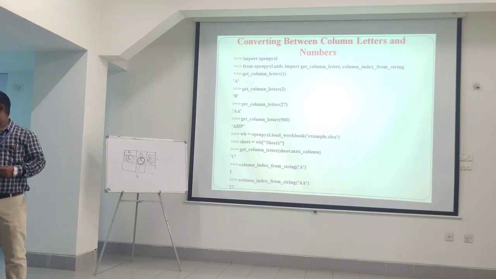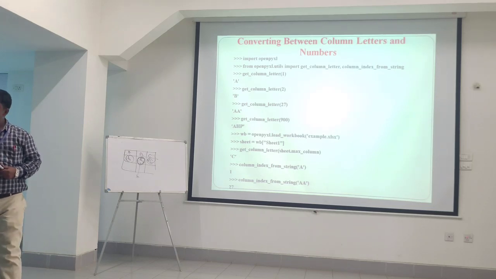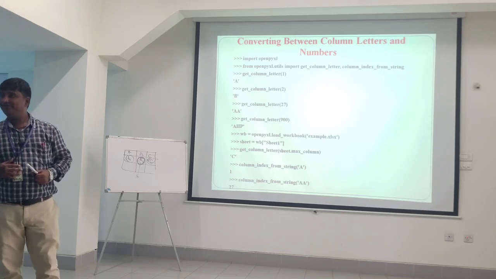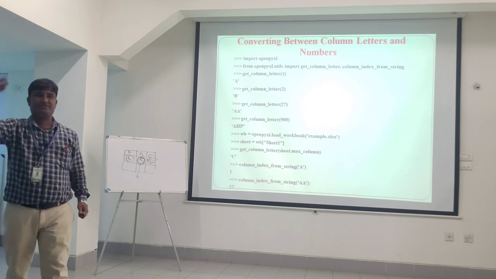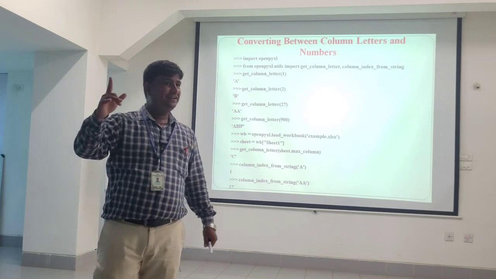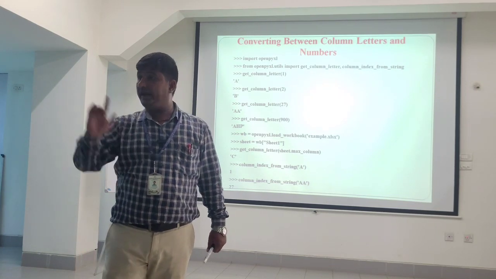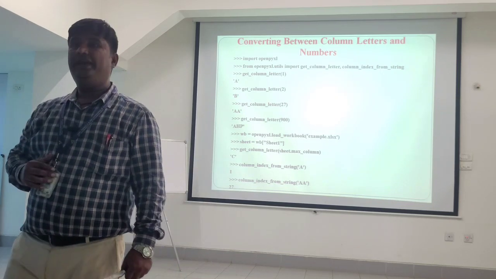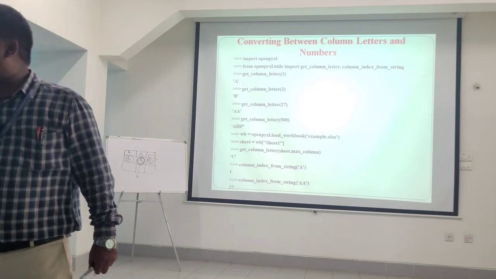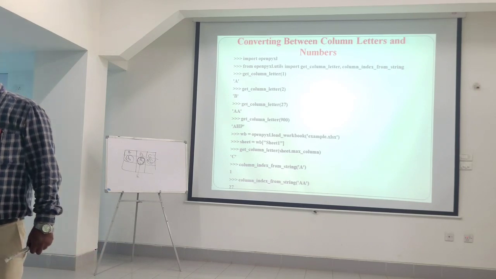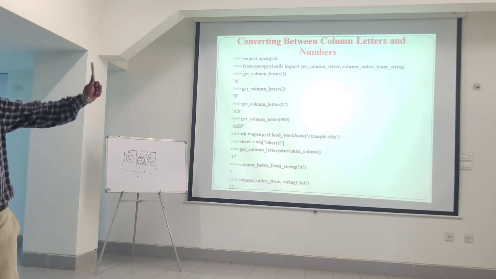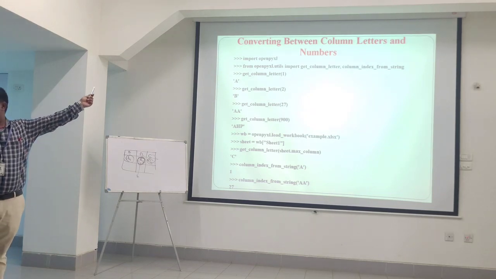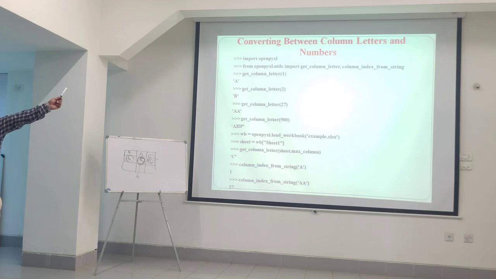A, B, C, D up to Z. Afterwards, AA, AB, up to the last. You don't remember, so for that I am using the concept called converting between column letters and numbers.